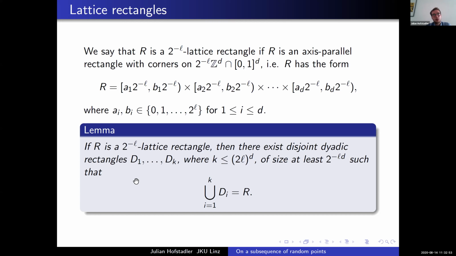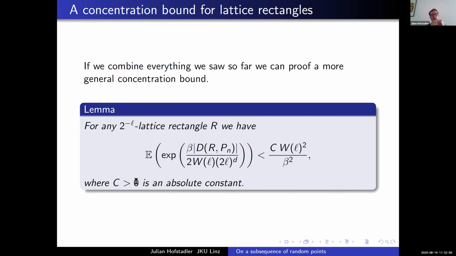What can we do with this result and the previous results? We can get a more general concentration bound, namely a concentration bound in terms of lattice rectangles. So for any 2 to the minus L lattice rectangle R, we have that the expectation of the exponential of, again, the normalization factor, but here we already have the discrepancy of R, which means that we are not taking the supremum, but we just compute it for the explicit rectangle.